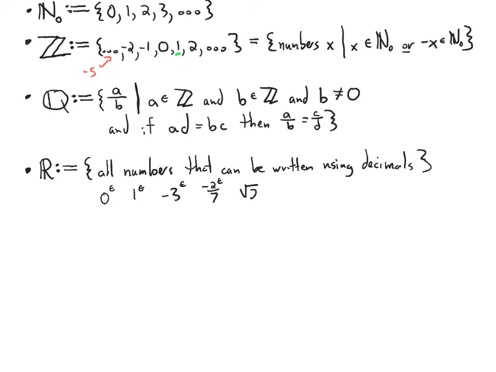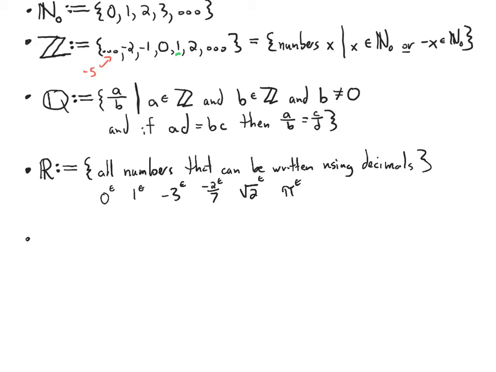That's a number, and you can write that using decimals. You can write something like pi using decimals as well. Pi is like 3.14159, it goes on forever. Square root 2 is like 1.414 whatever, and it goes on forever. So all possible numbers you can write out with decimals is the set of real numbers.